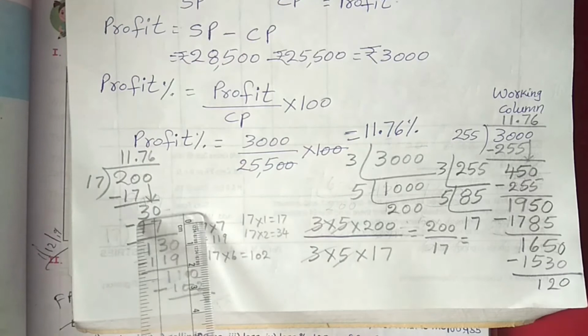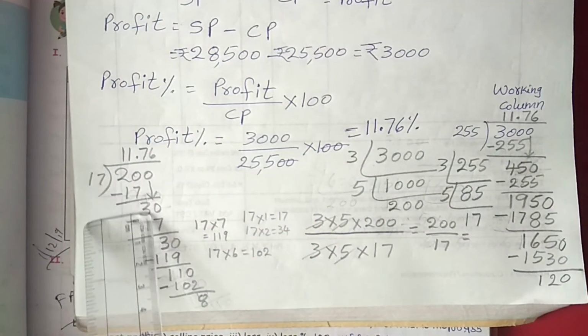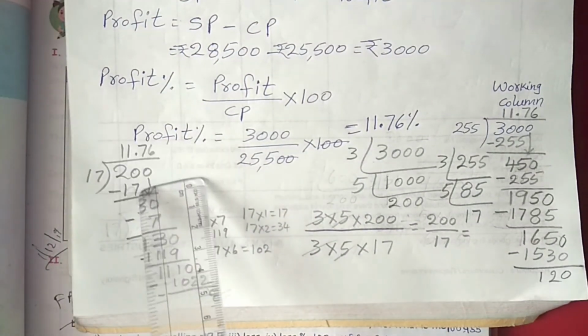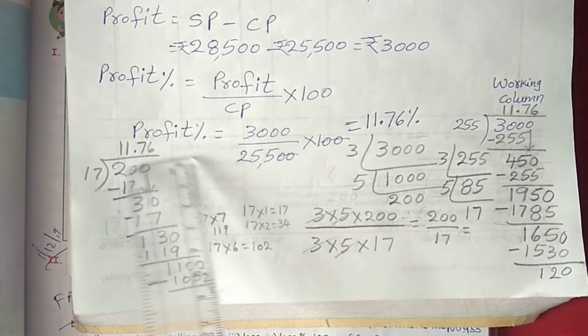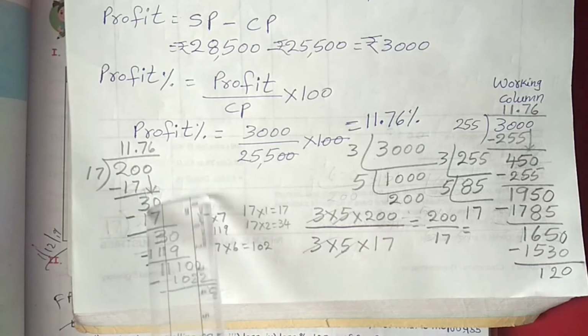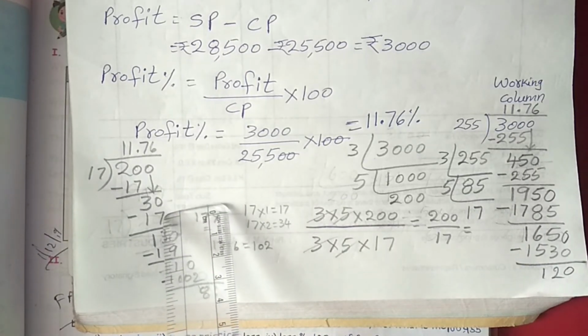See now, 200 divided by 17. 17 ones are 17. So 20 minus 17 is 3. Bring down the 0.